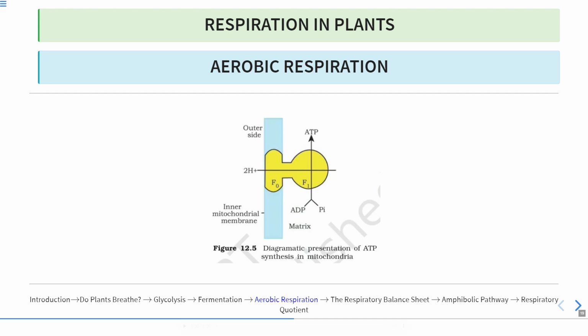Here you can see the inner mitochondrial membrane, and in it there is an F1 particle, or you can say the ATP synthase enzyme. The ATP synthase enzyme has an F0 part and an F1 part. The F0 part is embedded in the membrane, and the F1 particle is here, right? This is the inner mitochondrial membrane, and there is an outer mitochondrial membrane, and in between there is an intermembrane space where the hydrogen concentration is very high.